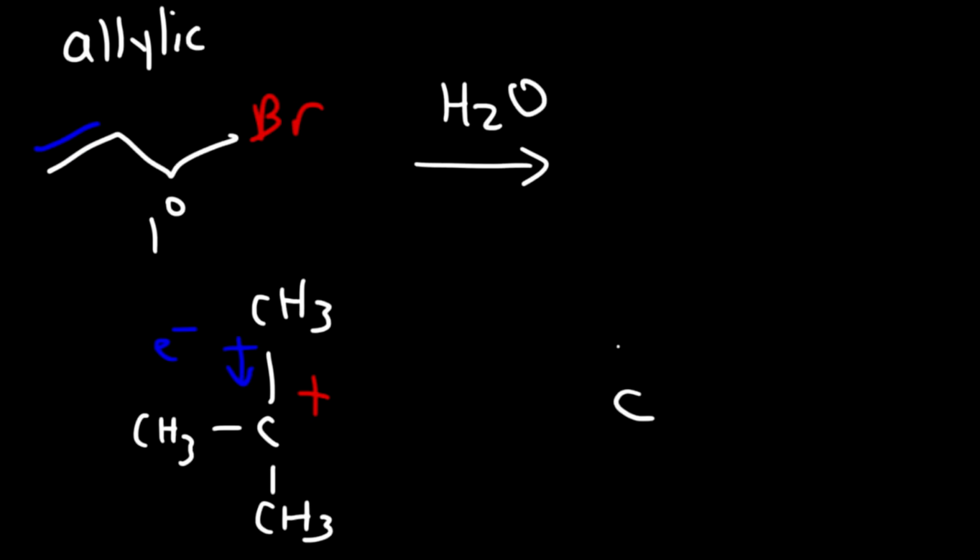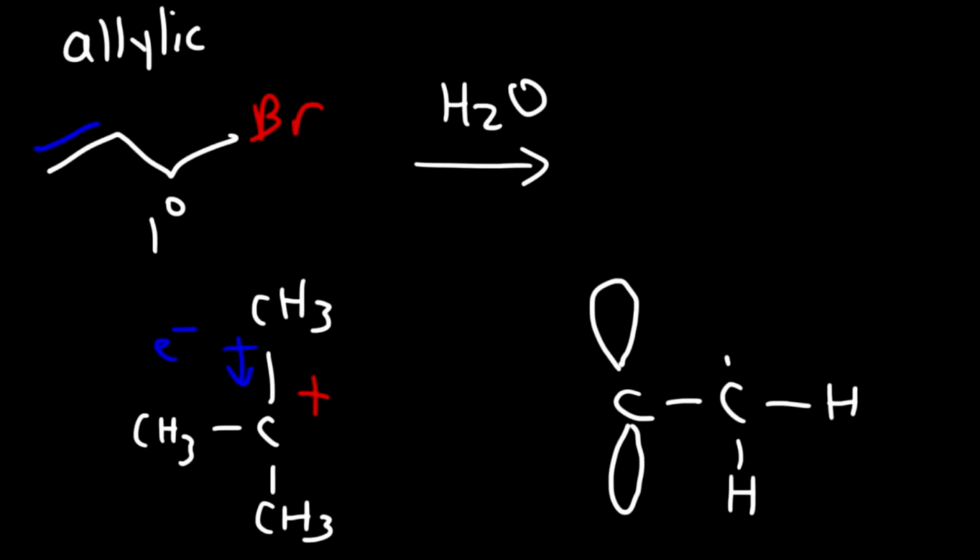Another way in which a methyl group can stabilize a carbocation intermediate is through hyperconjugation. On the right, here's a CH3, and this is the sigma bond of the CH bond. This is the empty p orbital of the carbocation.